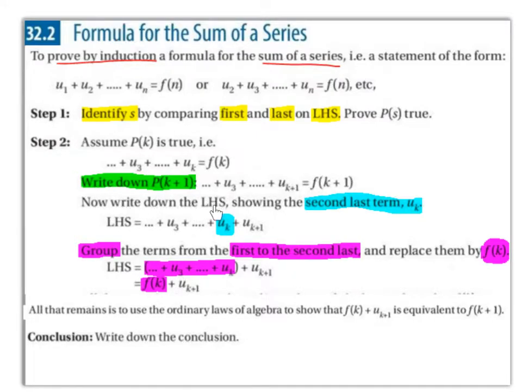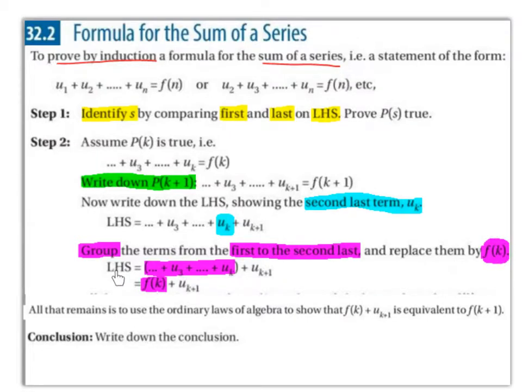Now write down the left-hand side, showing the second last term uk. So the left-hand side equals ... plus u3 plus ... plus uk plus 1. Group the terms from the first to the second last and replace them by f of k.